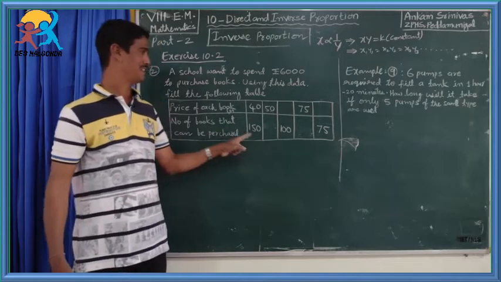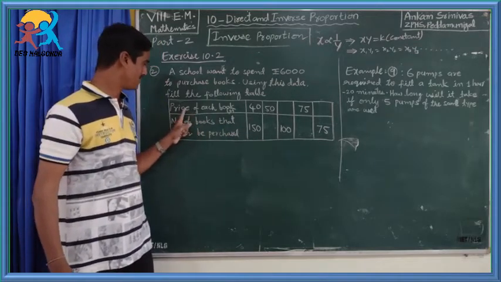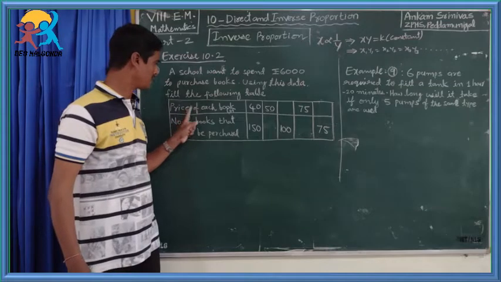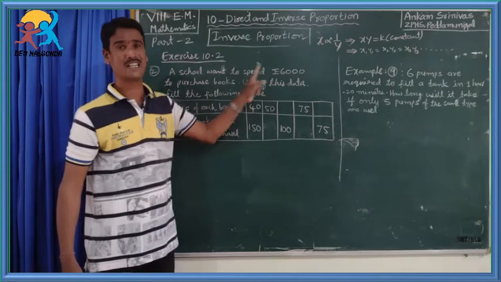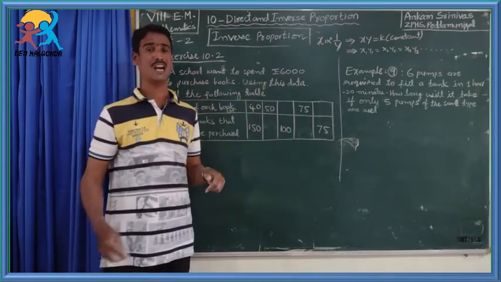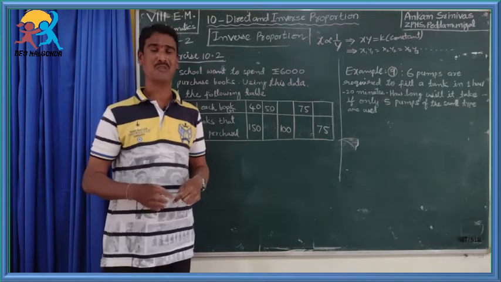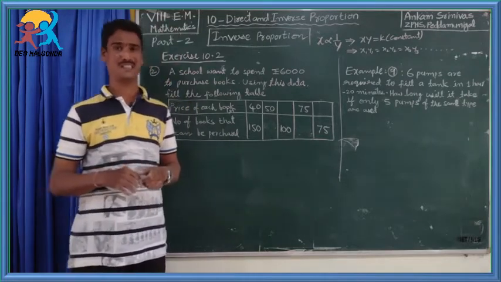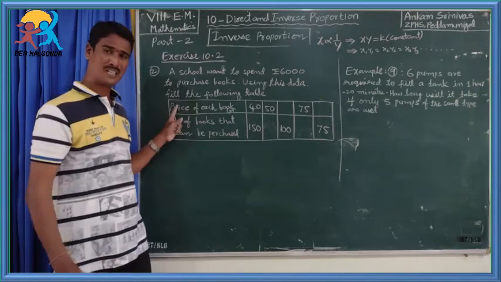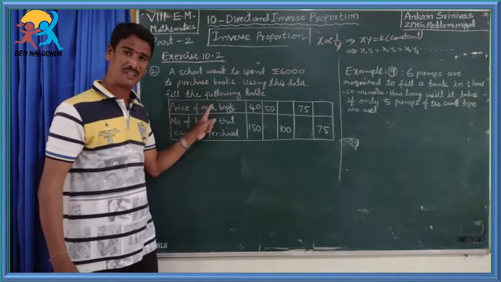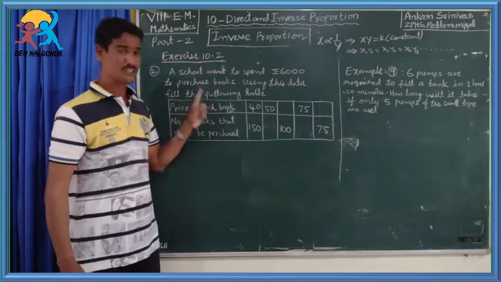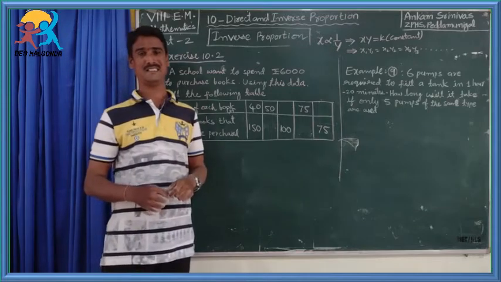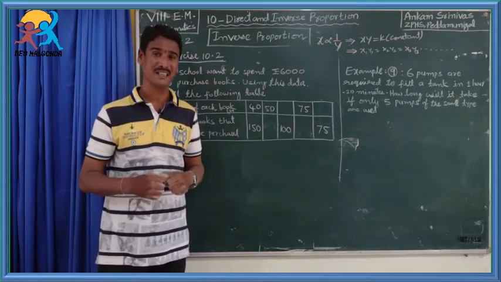Dear children, suppose the price of each book is 600 rupees, then how many books will we get? Only 10 books. Let us suppose the price of each book is 1000 rupees. Then how many books will we get?